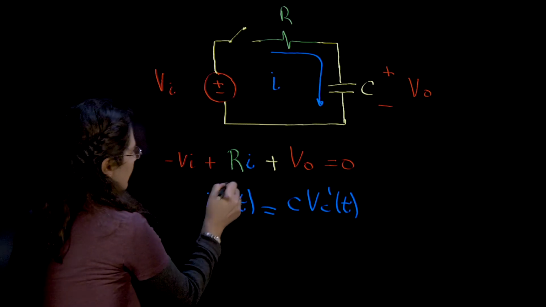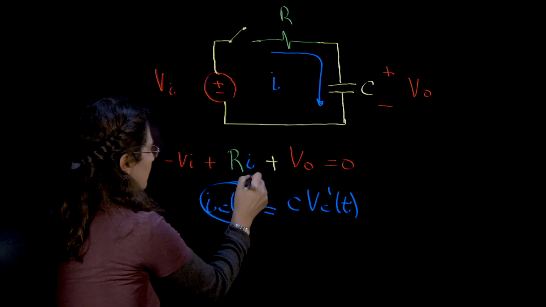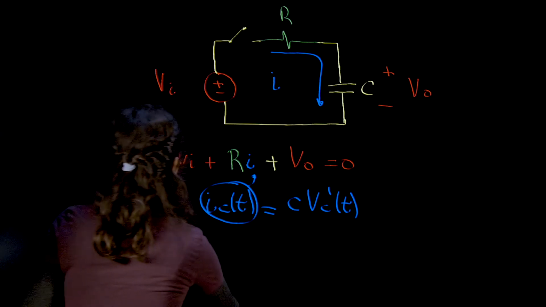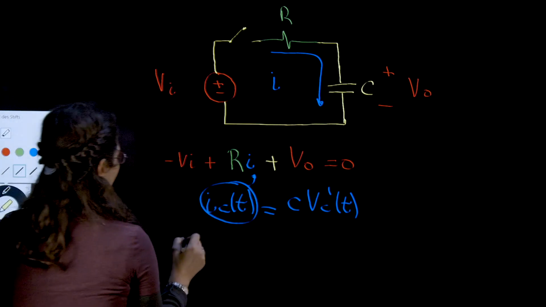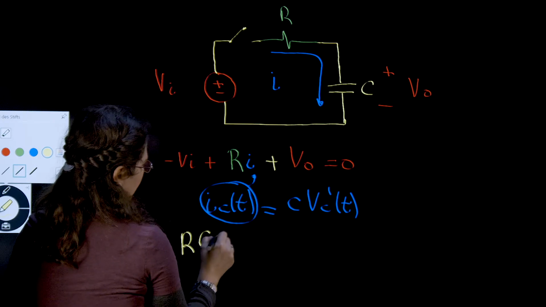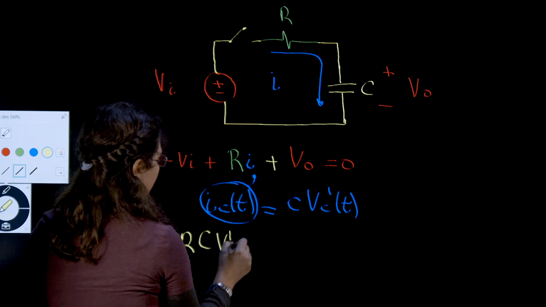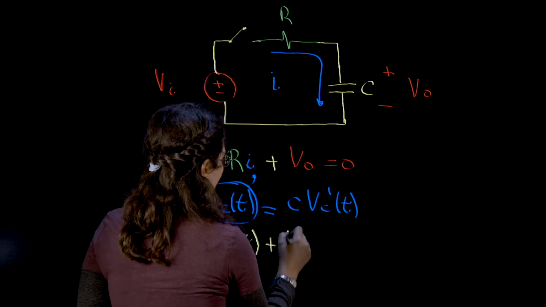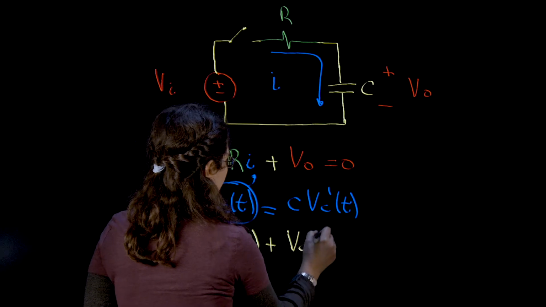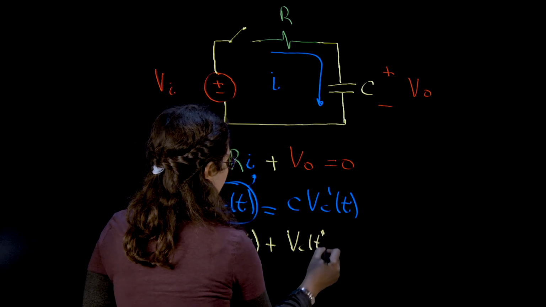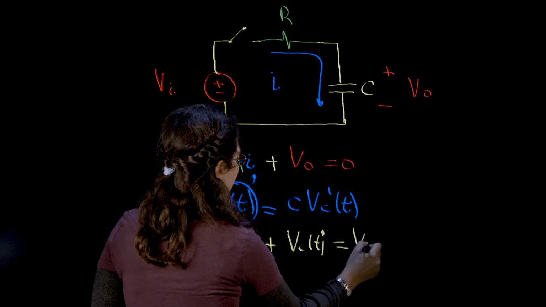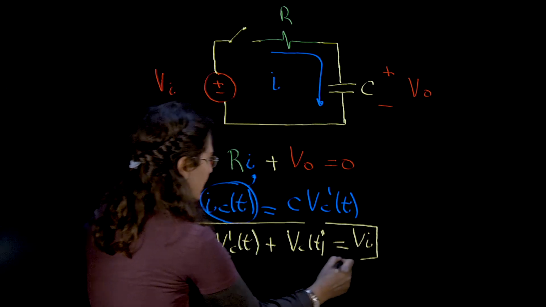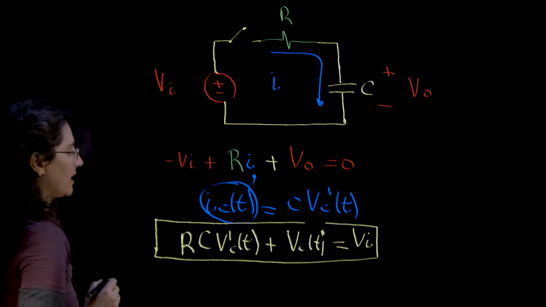So we put this in here and we get, I'm going to change color now, RC times the first derivative plus our capacitor voltage equals our input voltage. And this is our equation that describes our circuit.